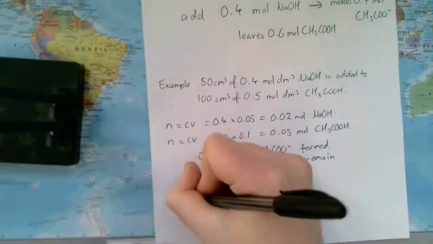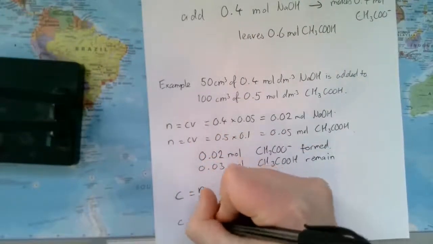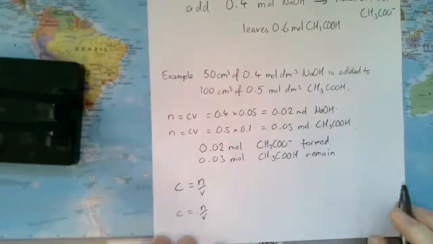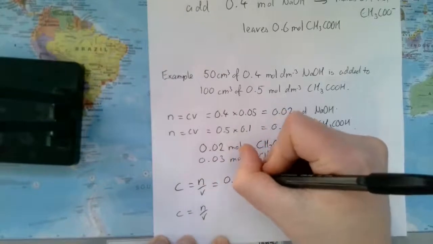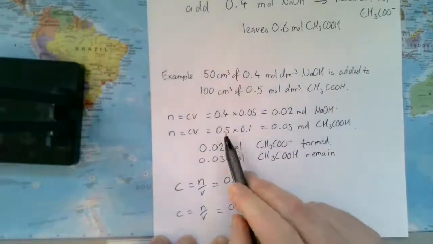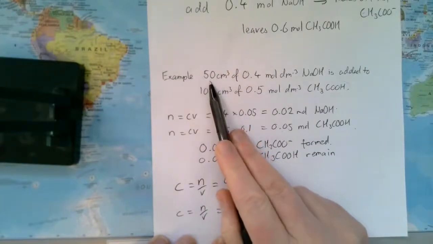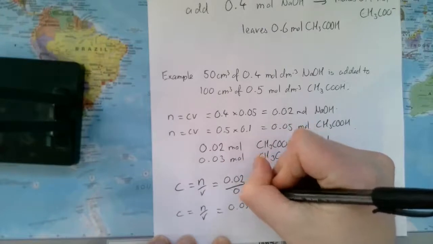So now we have the total number of moles of each. What we can do is work out the concentration for each. If you want to go and try and do that, and again check back in, hopefully that will help you. So here we've got the number of moles. We just need to go back to all the information we've been given. 50 and 100, the new total volume is 150.